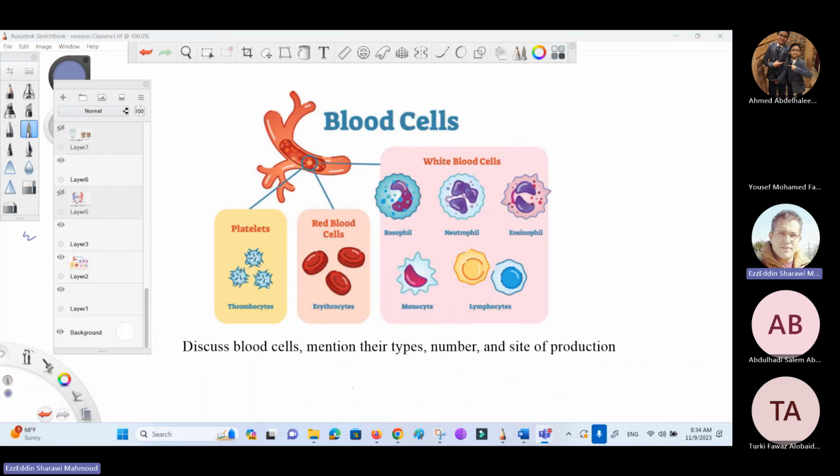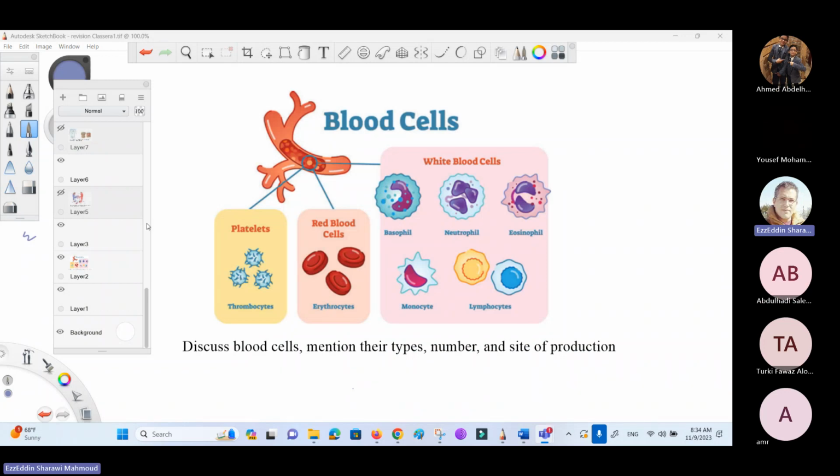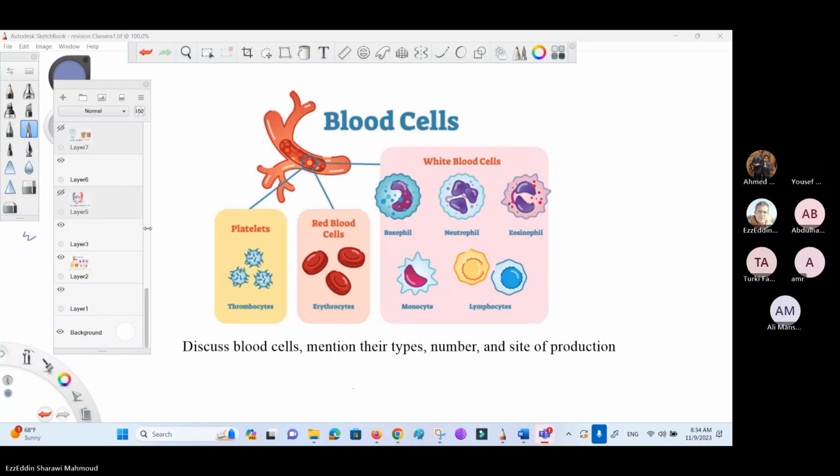Look here. Just to remember the components of the blood. Is my sound clear for everyone? You can write in the chat box. As you see here, the blood consists of a liquid. This liquid is called plasma. Some blood cells swim inside it.